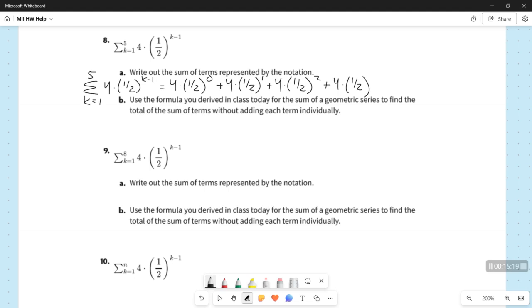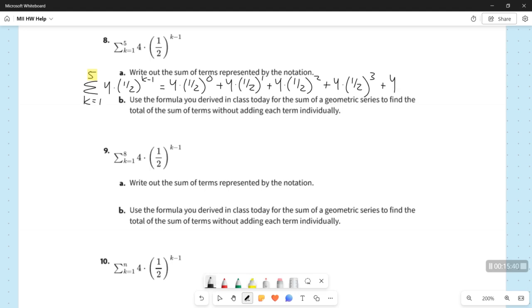My exponents are 0, 1, 2. So when I plug in a 4, I'm going to get a 3. And then my final term, and I know it's my final term because now I hit my 5. Once I hit that value for k, that's my last term.